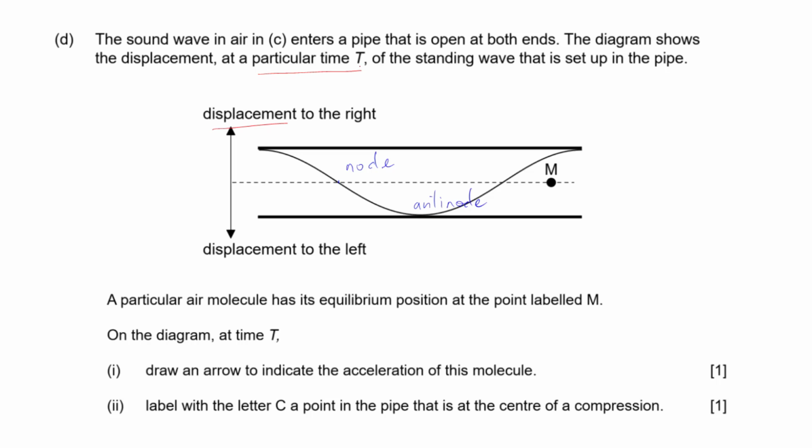Of course, the particles in the pipe oscillate back and forth, and the displacement of each particle at different times is different. To answer this question, we have to understand how the molecules in the pipe move and how that relates to this diagram. Let's look into this simulation carefully.